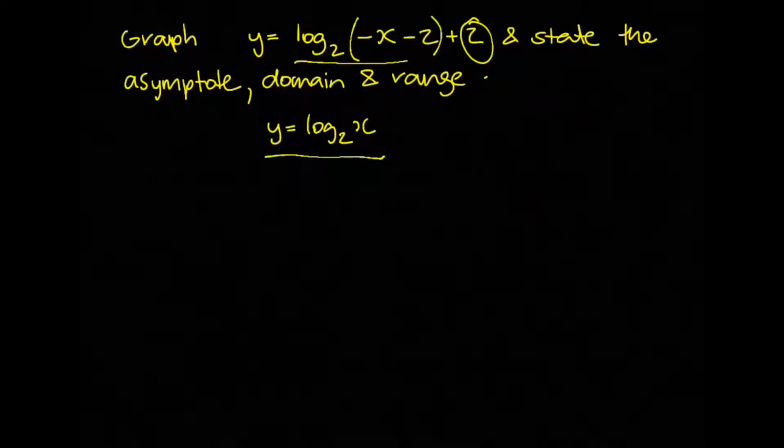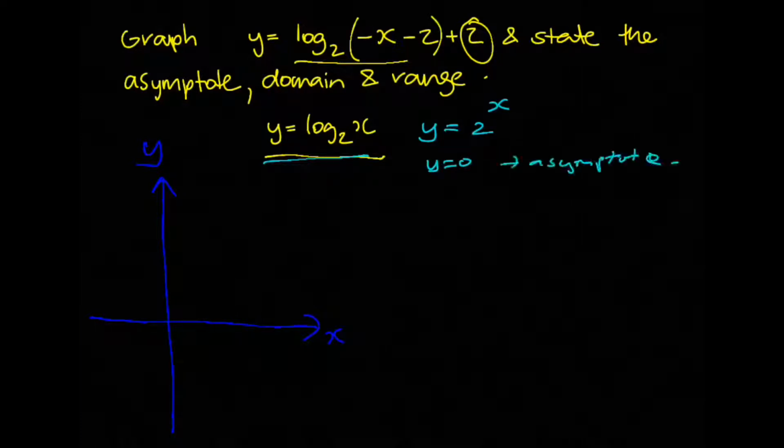So starting again with y equals log base 2 of x, first we want to find what the inverse function is, so that is y equals 2 to the x. The asymptote for y equals 2 to the x, as we know, is y equals 0. So as x approaches a large negative value, y approaches 0, but never actually gets to 0.